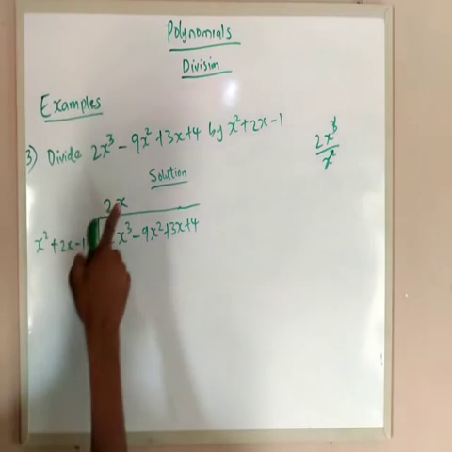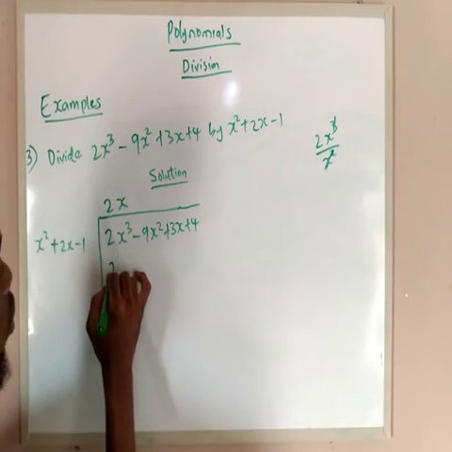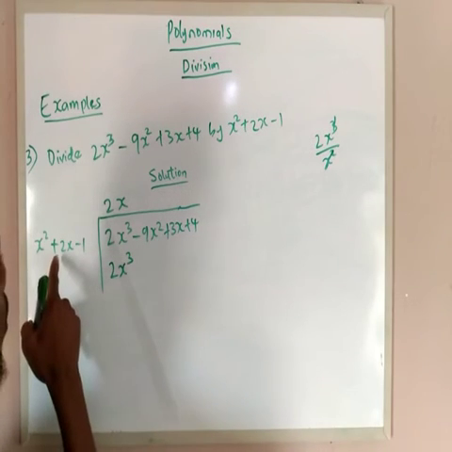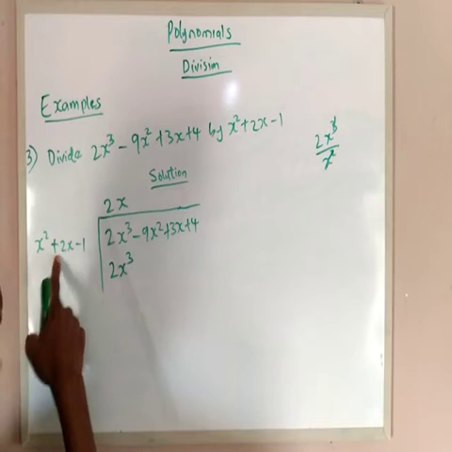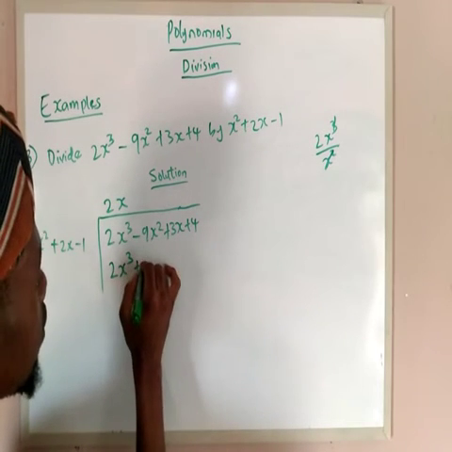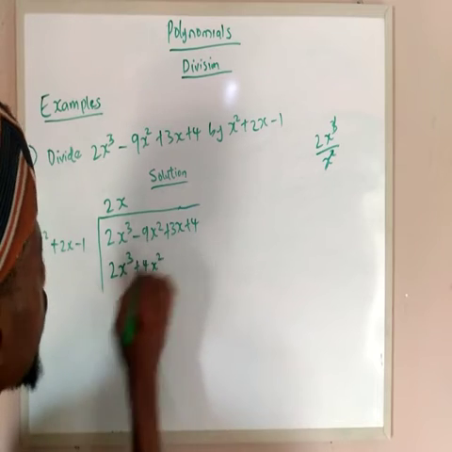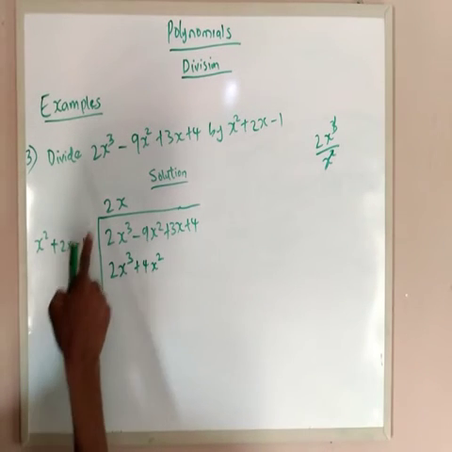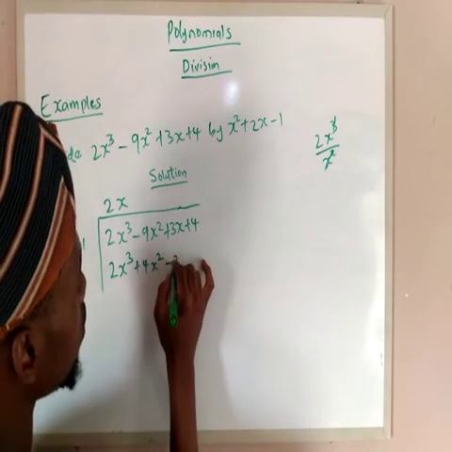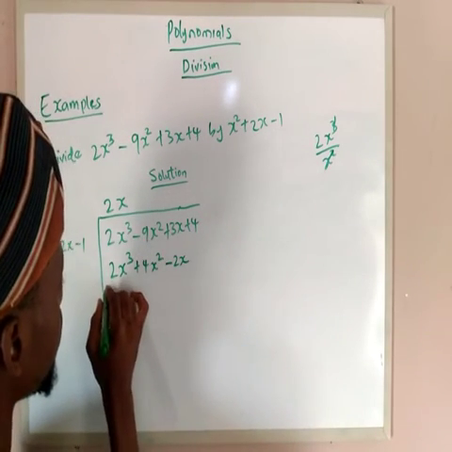X raised to power 2 times 2x, that will be 2x raised to power 3, plus 2x times 2x, that will be plus 4x squared, minus 1 times 2x, that will be minus 2x.